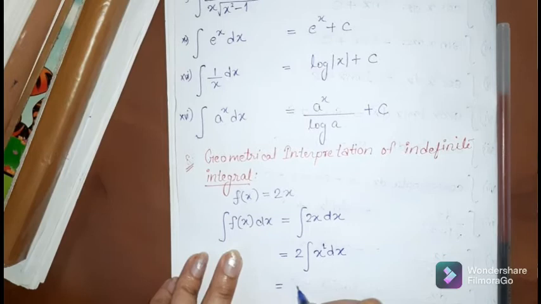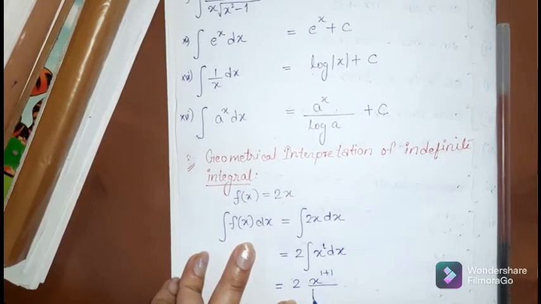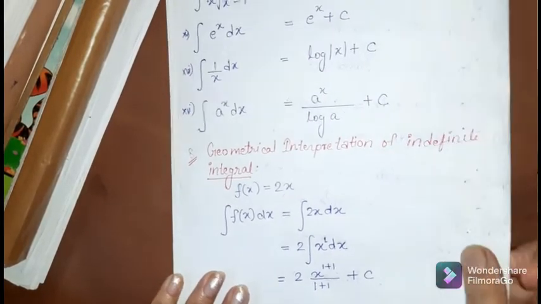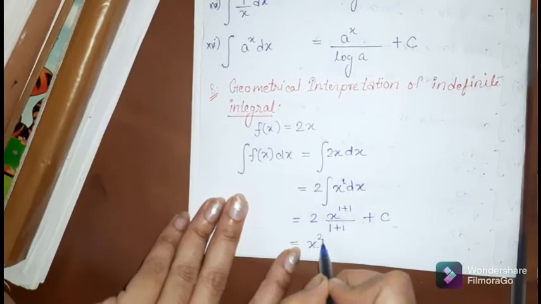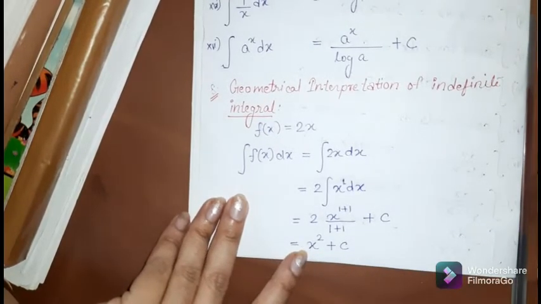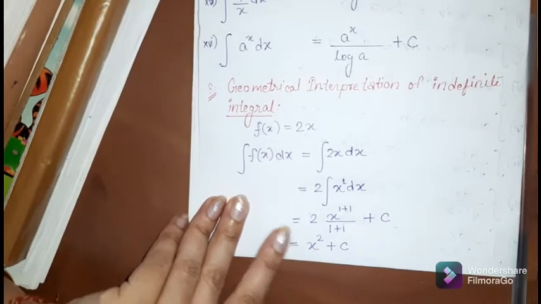From here we get 2 into x to the power 1 plus 1 by 1 plus 1 plus c. This 2 and this 2 get cancelled, so ultimately we get x square plus c. This is the integral value of the given function.